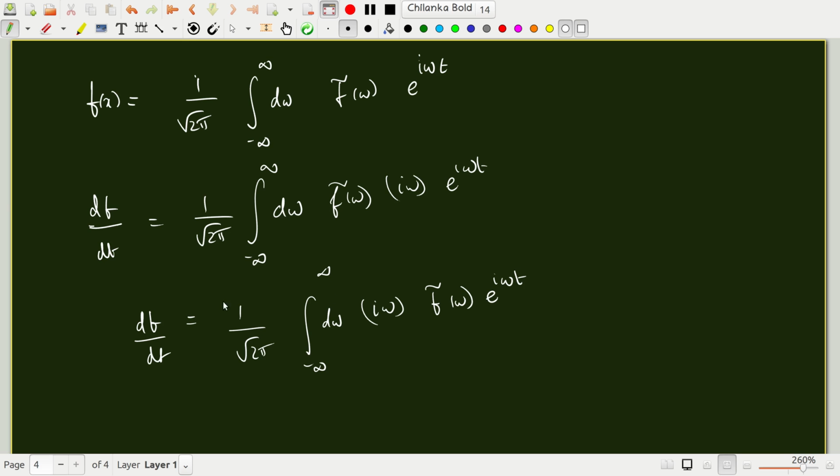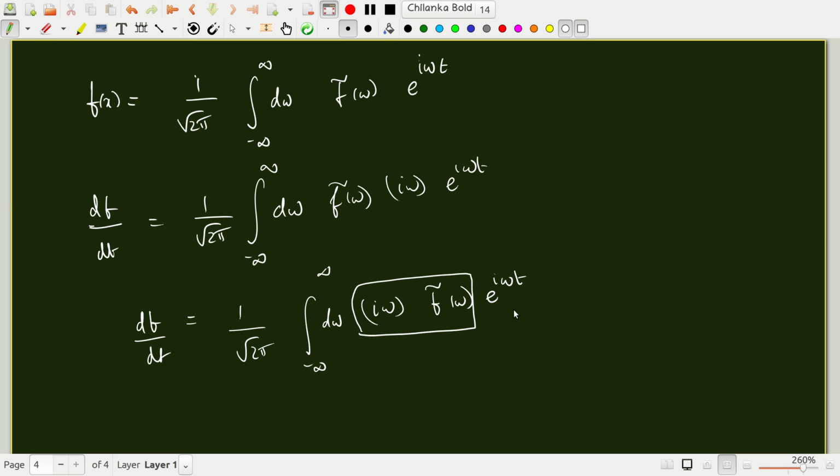Now if I just worry about this function here, this must be the Fourier transform of df dt, because the Fourier transform of any function is 1 over root 2 pi, the integral over d omega of something times e to the i omega t.